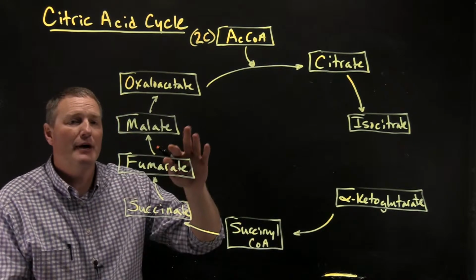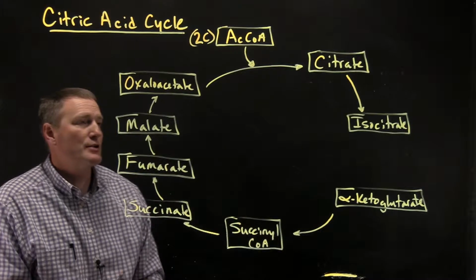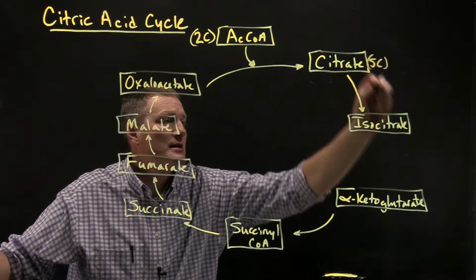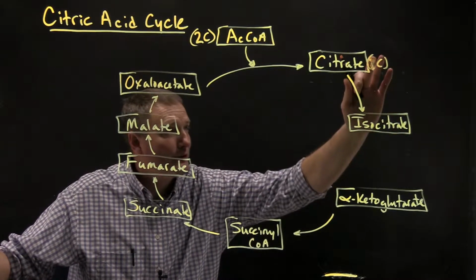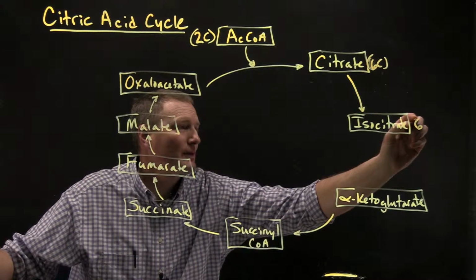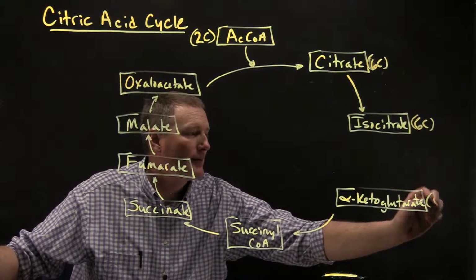I'm going to go ahead and fill out the number of carbons for the rest of these compounds. So citrate is, I'm sorry, that has 6. Isocitrate is 6 as well. Alpha-ketoglutarate is the only one with 5 carbons.